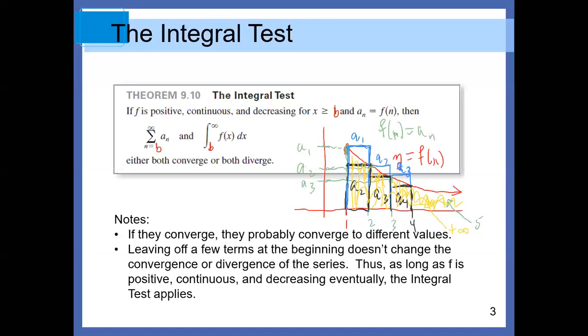Well, yes, the black rectangles could also add up to infinity. Yes. Right. But the way that you see that they do is by putting the first term back in, and you see that the area of those is actually bigger than the yellow area under the curve. Yes. Yeah.